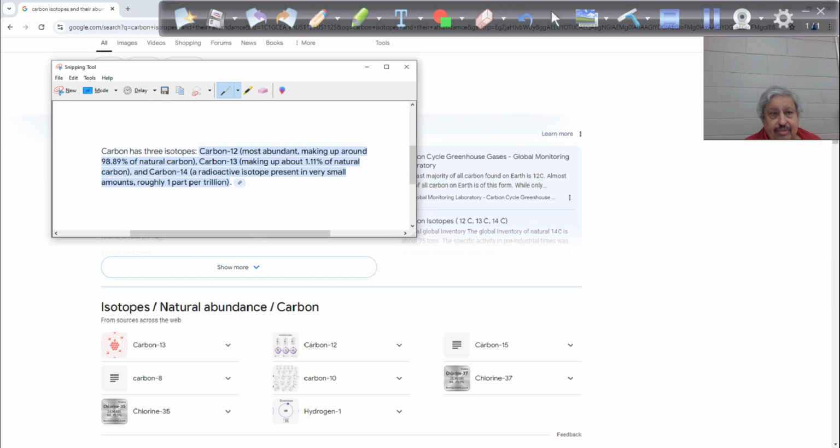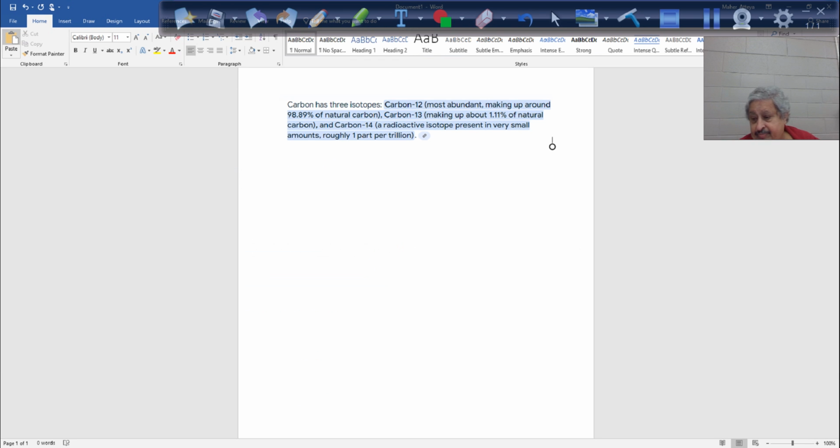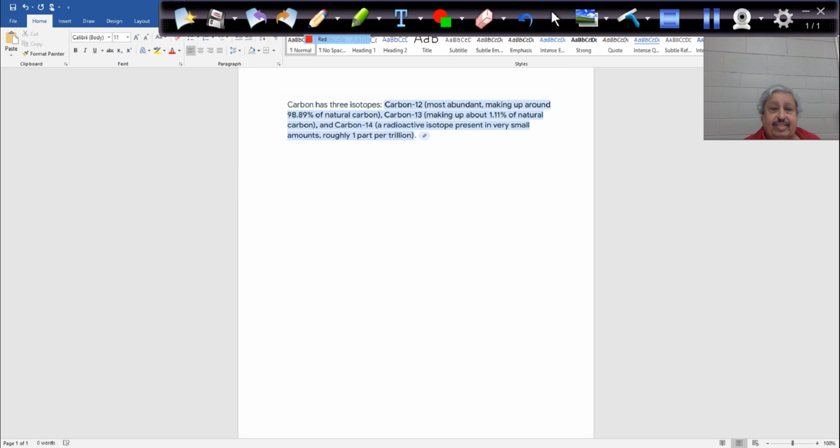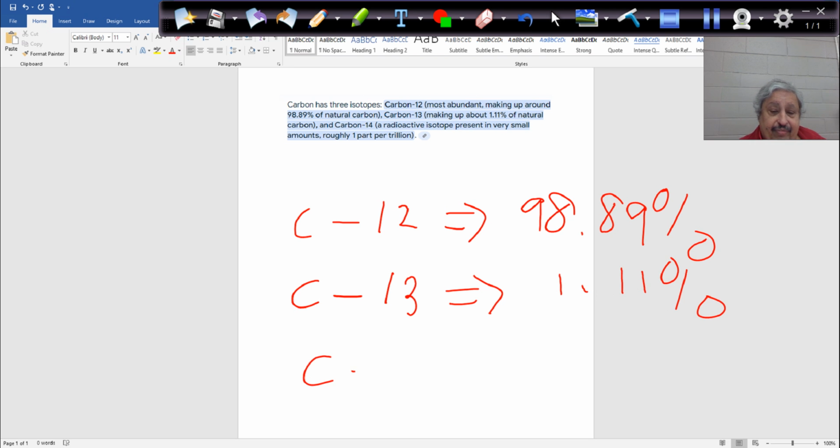Here, guys. So if you look at this, listen. Carbon-12 has an abundance of 98.89. I'll stop, but I will just write this here for next Wednesday. Carbon-13 has an abundance of 1.110, and carbon-14 has an abundance of 0.00%.